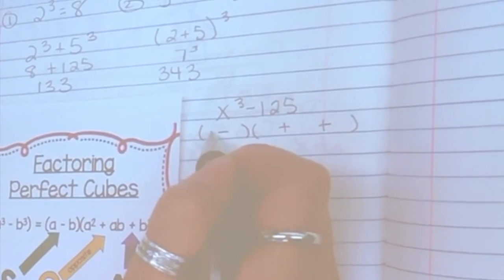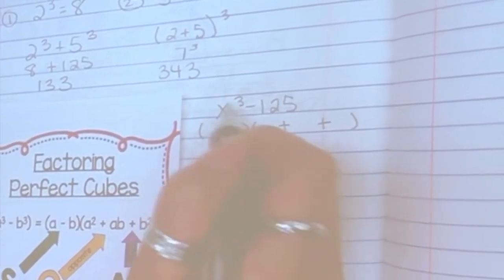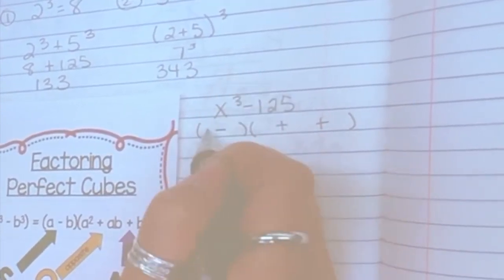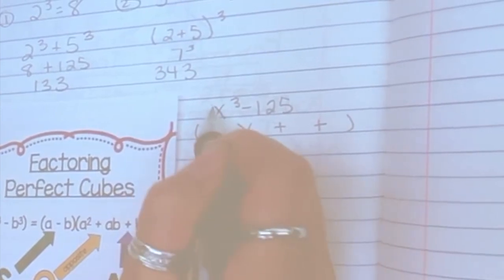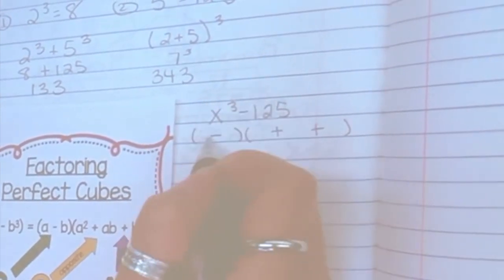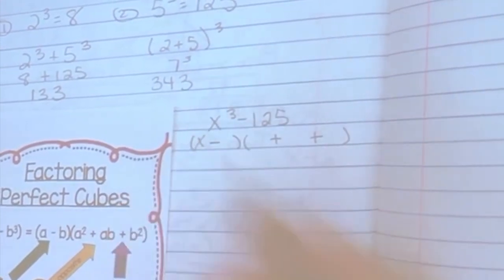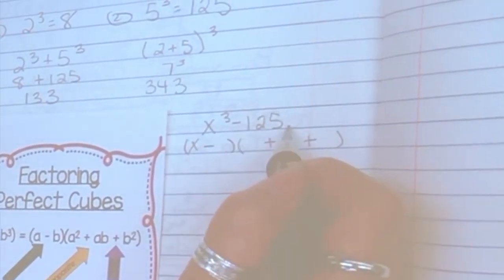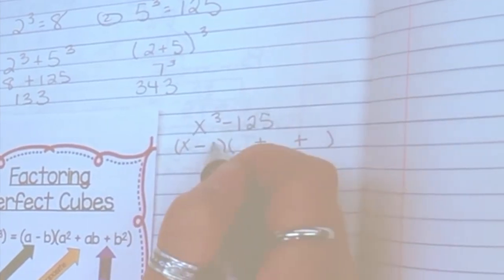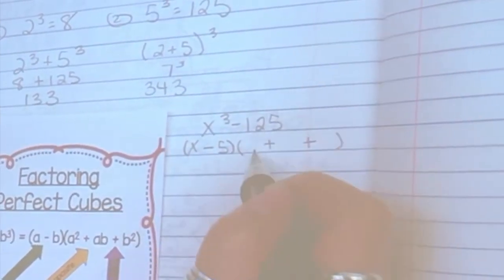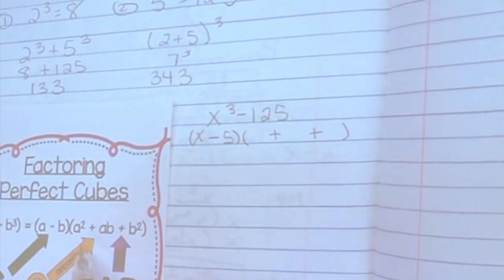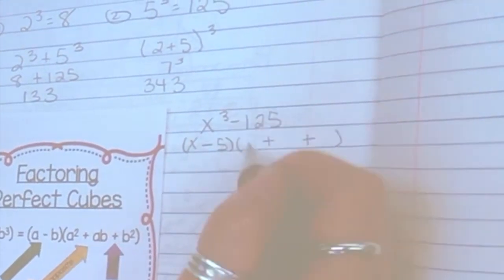Okay, so what would the first term be here? What is A if I were to do the cube root of x cubed? Yes, A is 1 for the coefficient, but I'm talking about x cubed. X. 125, what's the cube root of 125? 5. Okay, if you look at your SOAP, the next term is A squared.